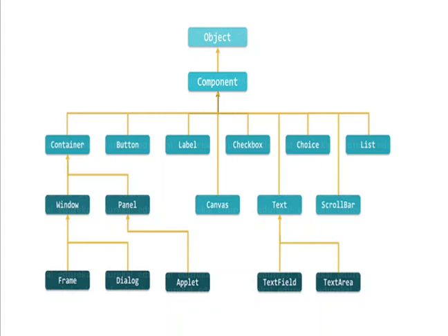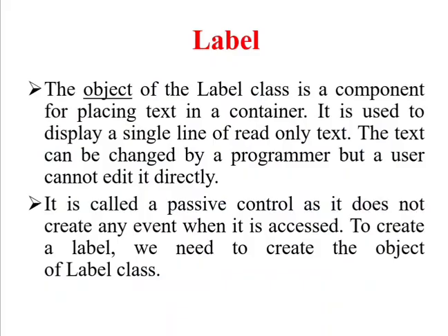To create a label, we need to create an object of the Label class. The label is a string of text that is displayed on the GUI. The label exists to provide information and is not generally clicked to perform an action. Labels are often placed next to text fields so that the user knows what should be typed into the field.